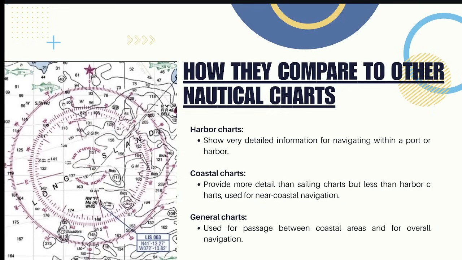The coastal charts provide more detail for navigating along the coastlines, including inlets and bays. The harbor charts offer the most detail, covering small areas like ports to show docks, piers, and precise underwater features for berthing. Okay?